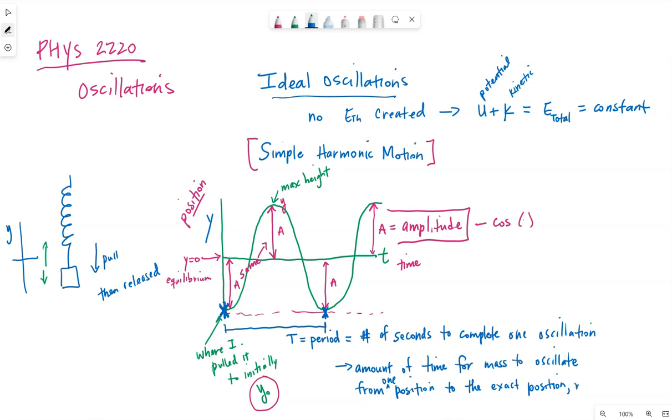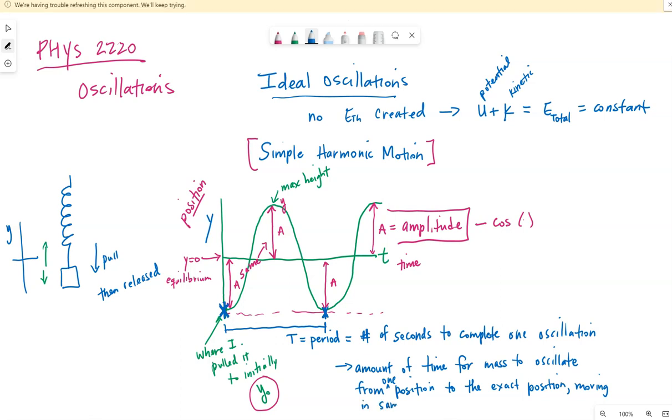And we mean also moving in the same direction. So period, every single oscillating system is going to have its own unique period. And we'll talk about what determines that period in terms of a mass spring system versus that pendulum.